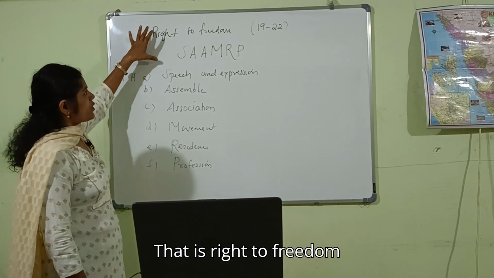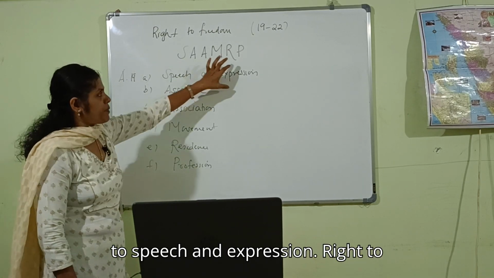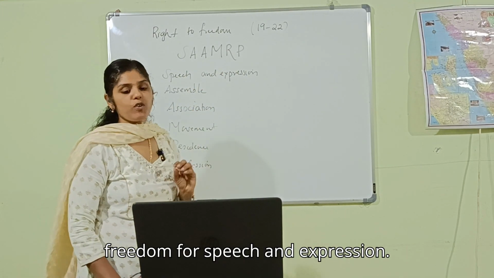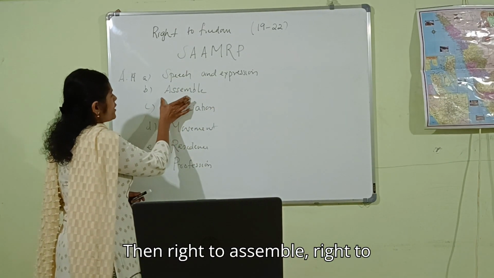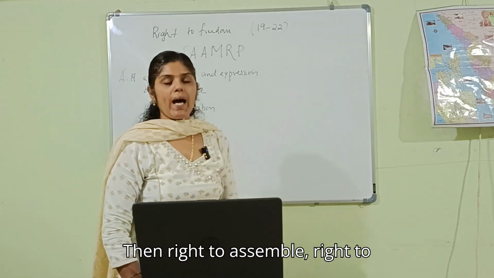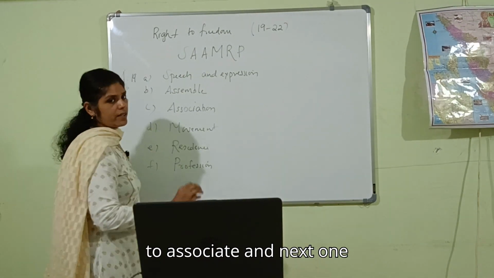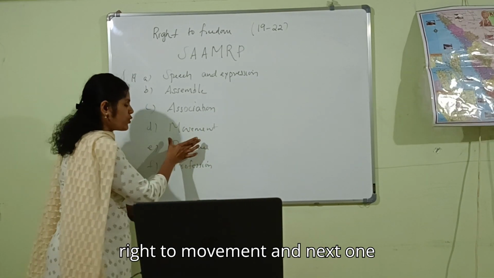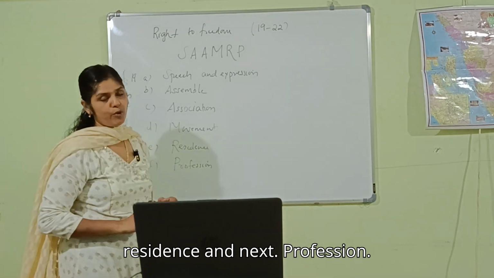That is right to freedom of speech and expression. Then a right to assemble. And a right to associate. And next one, right to movement. And next one, residence, and next profession.